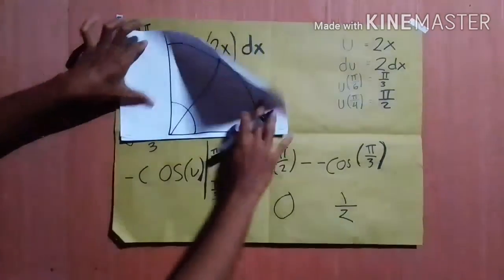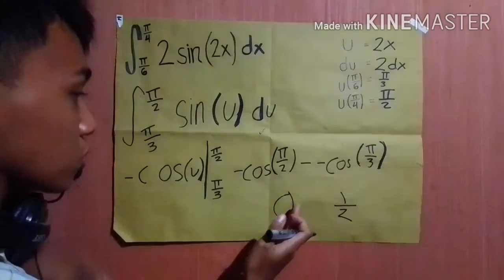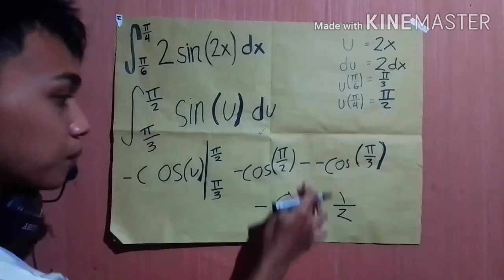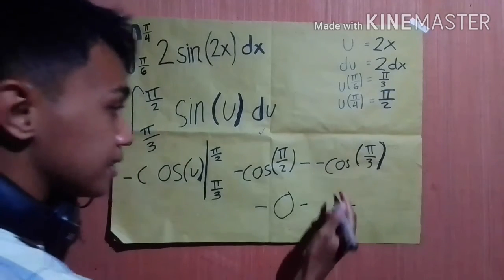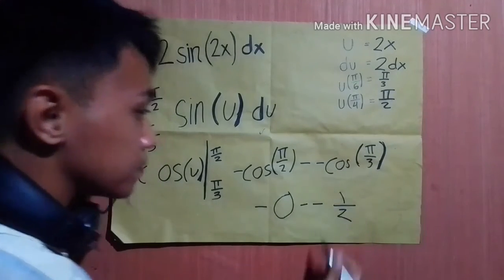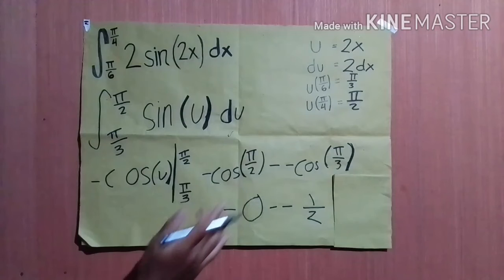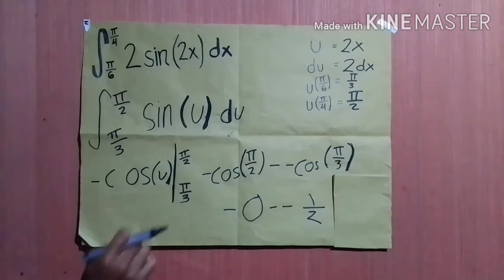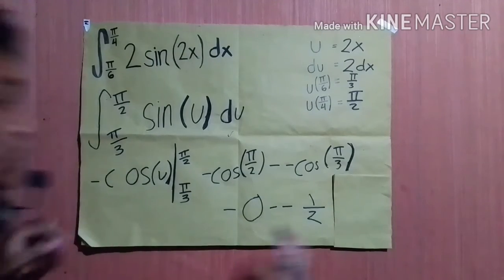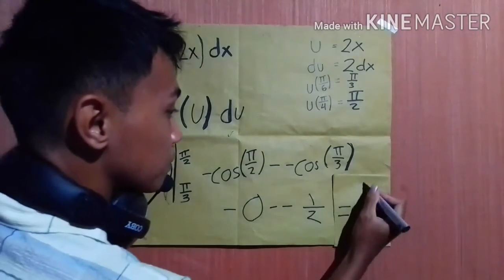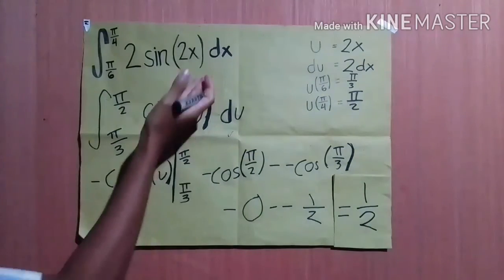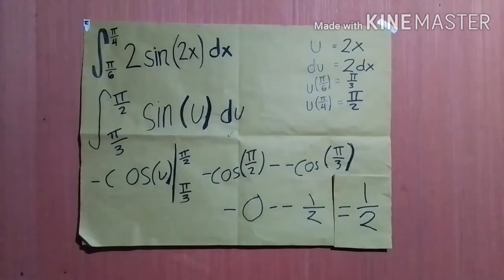And because of the negative cosine here, copy the negative, minus, and negative. Minus 0 is not negative, so negative and negative is equal to positive. So the answer here is positive 1/2. The final answer for this problem is positive 1/2.